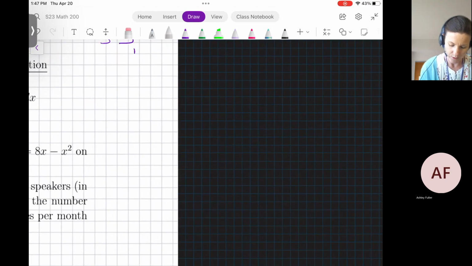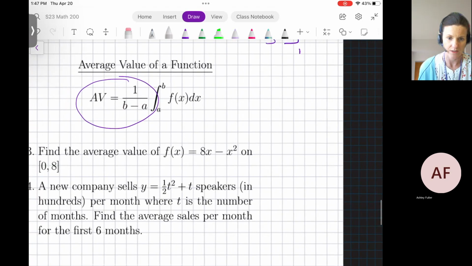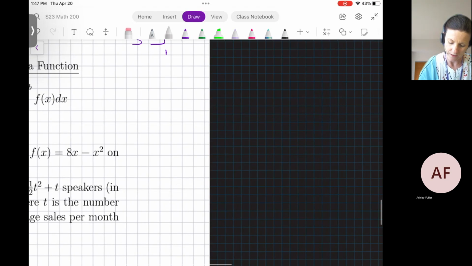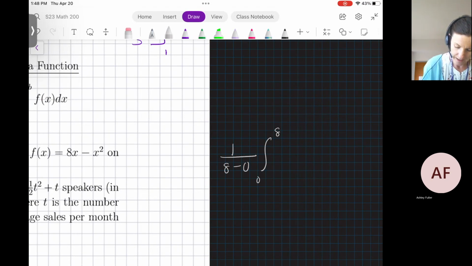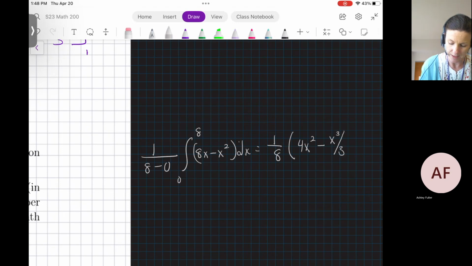Using this first example, we want the average value of 8x minus x squared on 0 to 8. Using our formula, we're going to do 1 over 8 minus 0 times the integral from 0 to 8 of the function 8x minus x squared dx, which leaves us with 1 over 8 times 8x squared over 2, which is 4x squared, minus x cubed over 3.